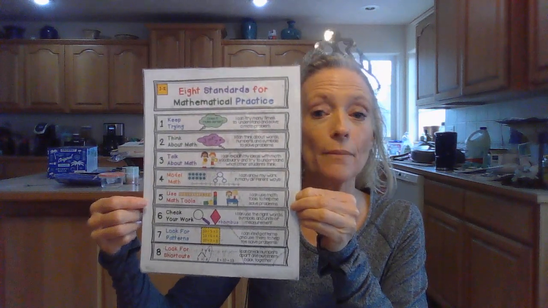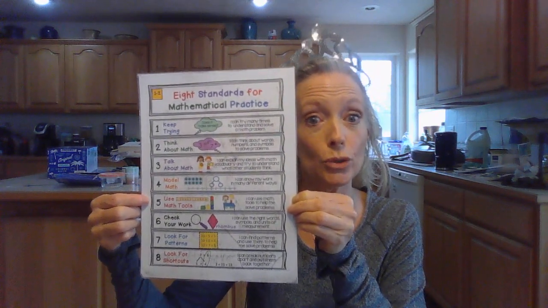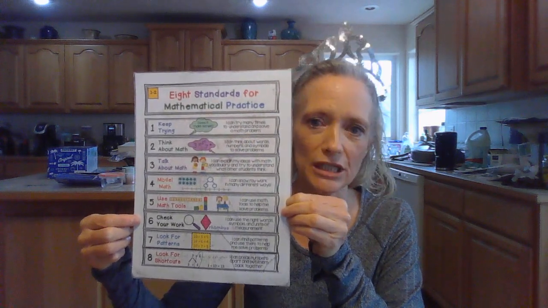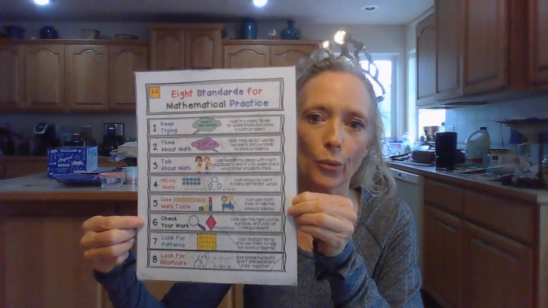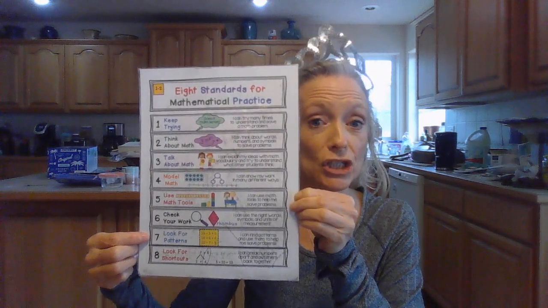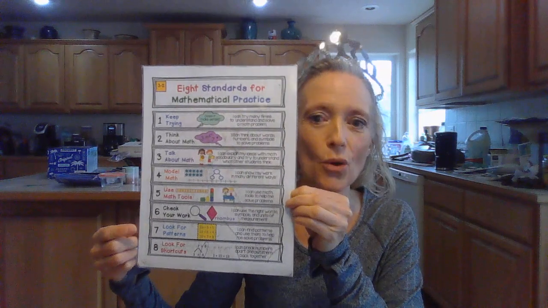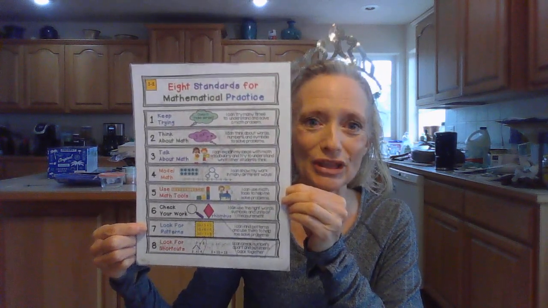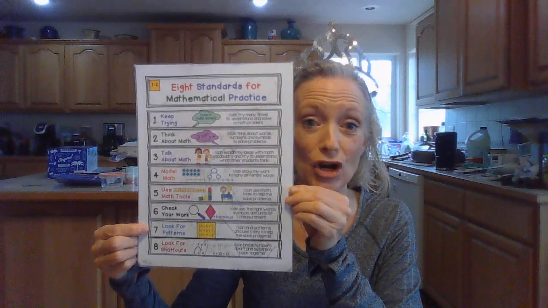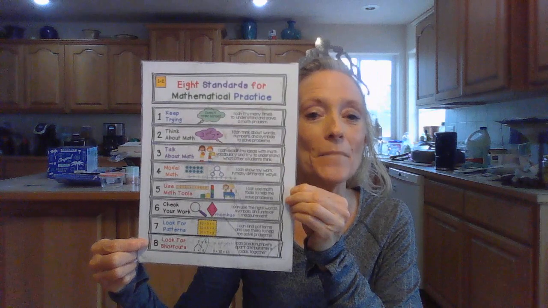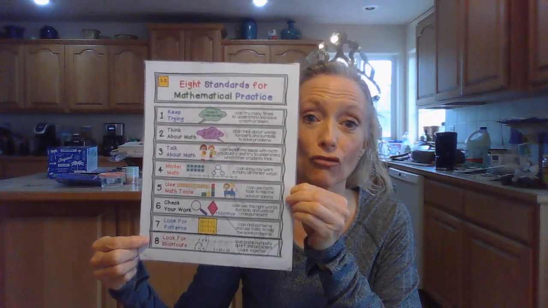Number 5, mathematicians use math tools. Number 6, mathematicians check your work. Number 7, mathematicians look for patterns. We've spent a lot of time looking for patterns as we look at the different combinations of our numbers within 10. And then finally, mathematicians look for shortcuts.